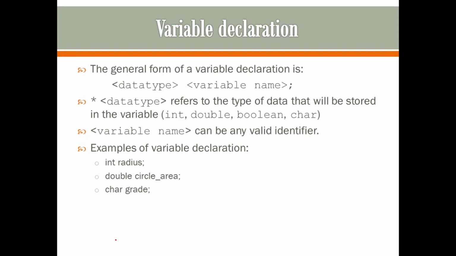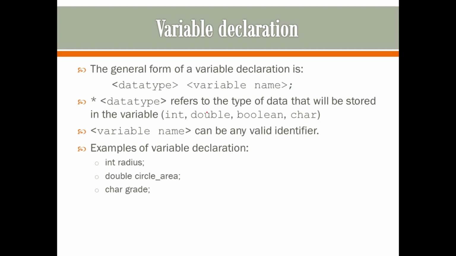How to write a variable declaration? We can use the general form of variable declaration, which is data type, then variable name, and then the semicolon.